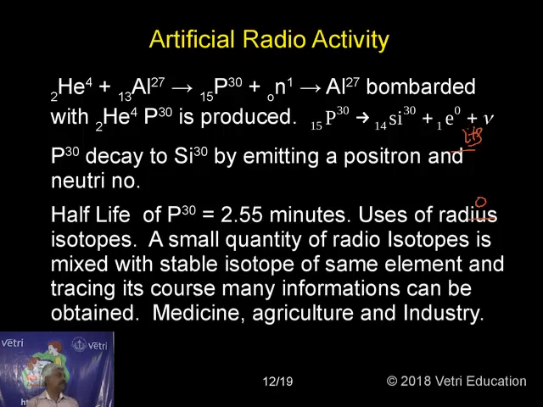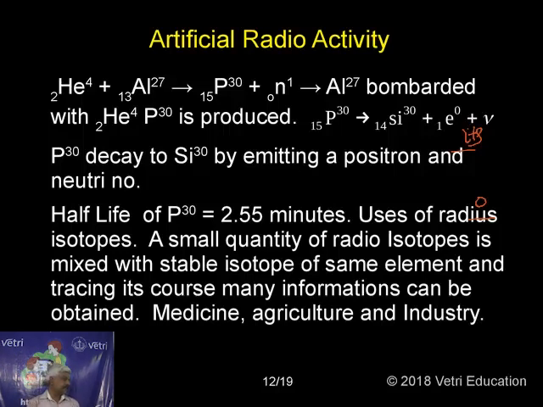A small quantity of radioisotope is mixed with the stable isotope of the same element, and by tracing its course, much information can be obtained. These radioisotopes are very useful in medicine, agriculture and industry. In industry, we can find flaws inside metal by using radioisotopes.